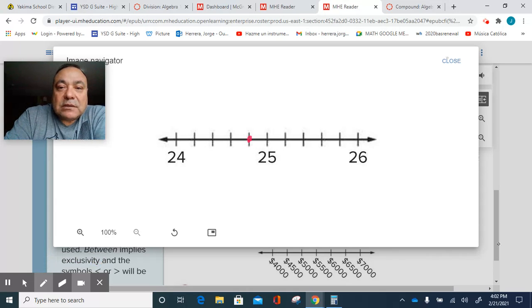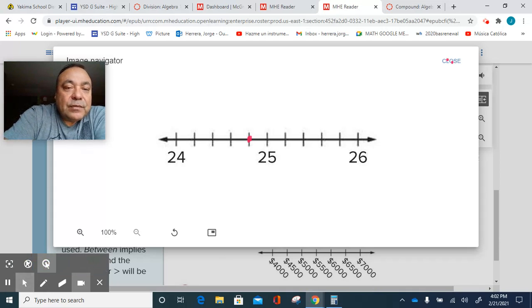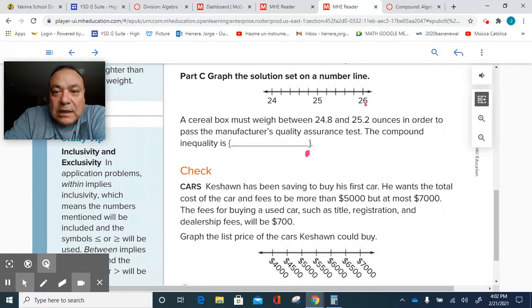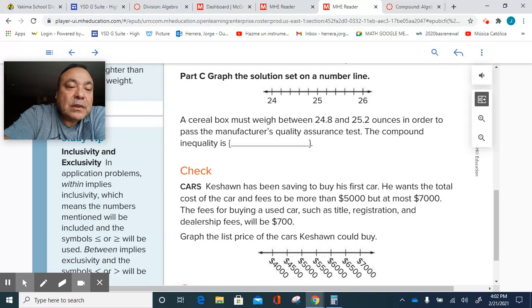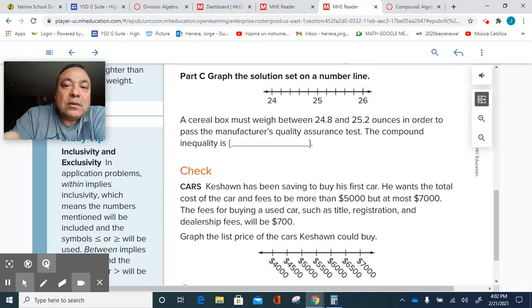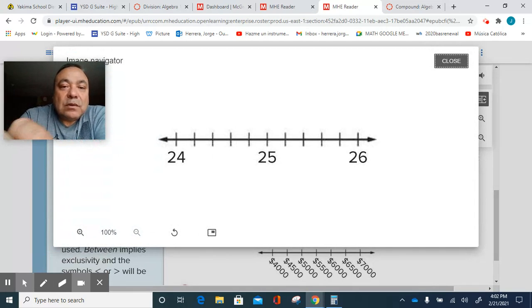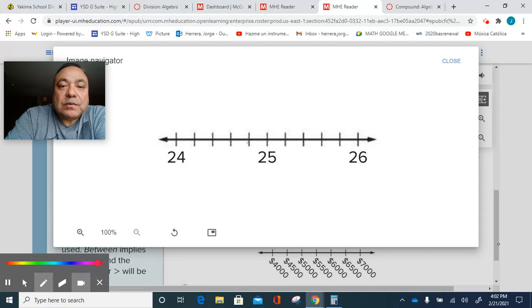And what was the other answer, guys? 24.8 and 25.2. So it was 24.8 right about here and 25.2. It's not much of a difference.